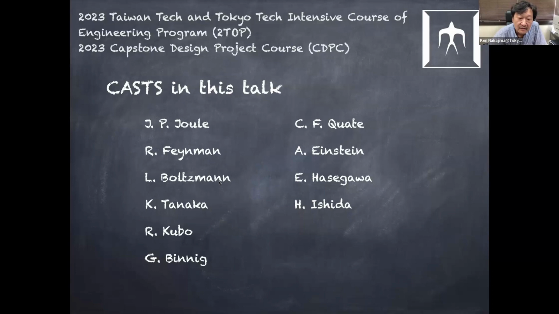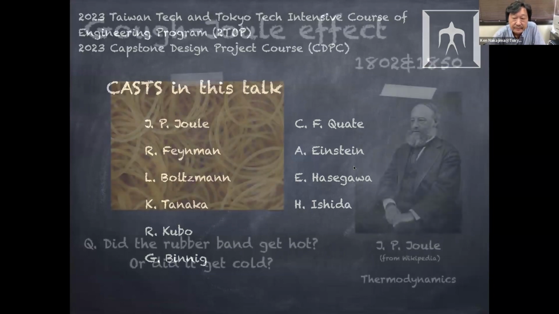Also Feynman, Boltzmann, some Japanese people, and of course you should know the name of Einstein. I will also talk about his achievement in the field of material science later on. Okay, I hope you enjoy my talk.